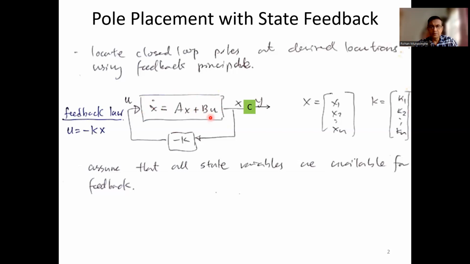I have the system. Now this time it is the state space model. So what do I have? x dot equals Ax plus Bu, right? So I figure out state variables, the rates of change, and then I have a control signal u. So actually u is coming this way, right? I have the control signal coming to the system on the left.